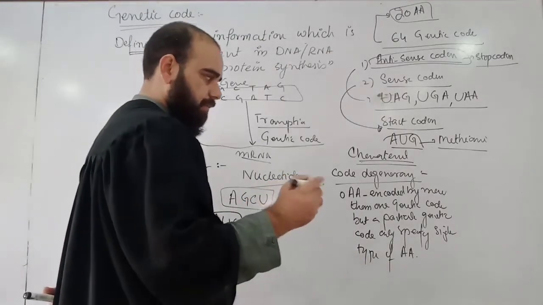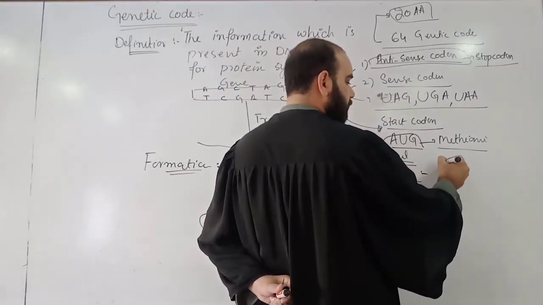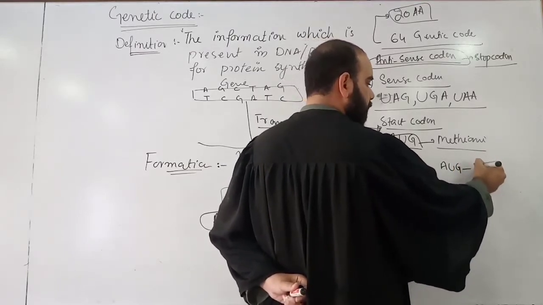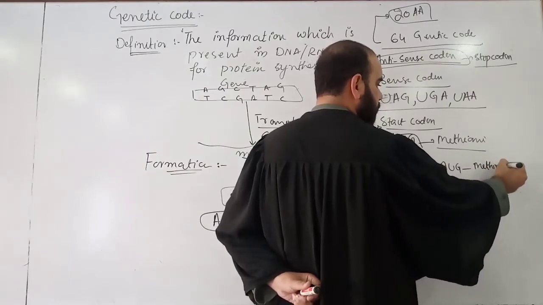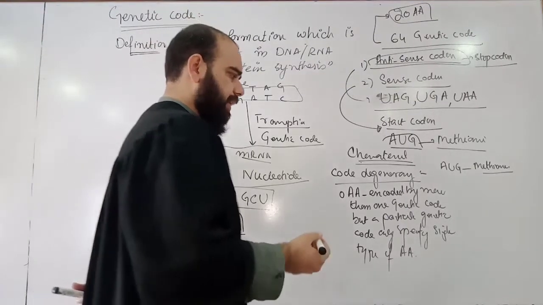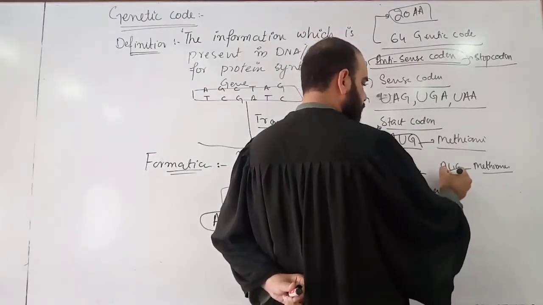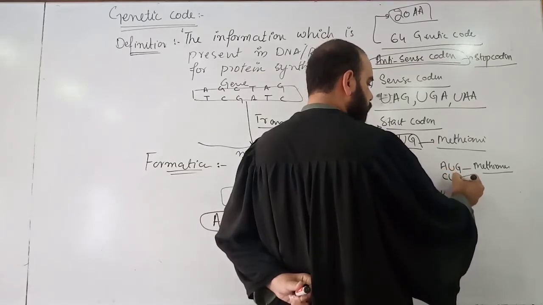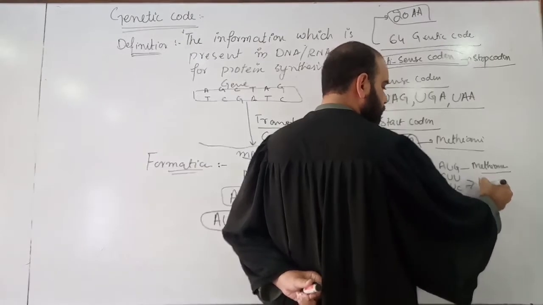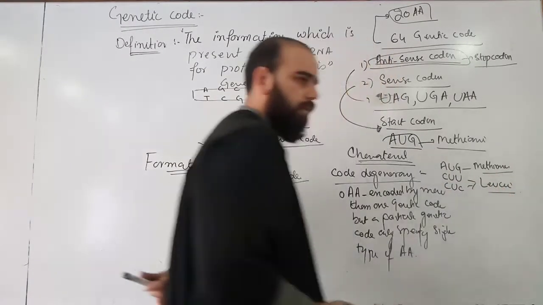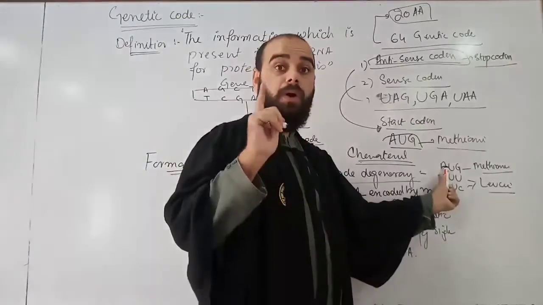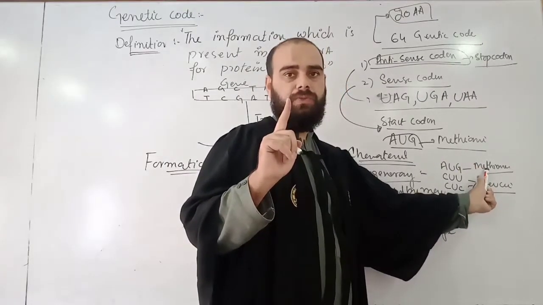Let me clarify. Code degeneracy means, let's suppose we have a genetic code AUG. This is responsible for methionine. Similarly, we have other genetic codes, CUU or CUC. These genetic codes are responsible for leucine. This genetic code only specifies methionine.